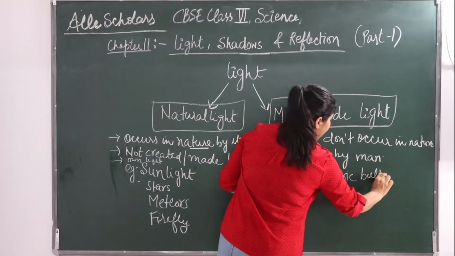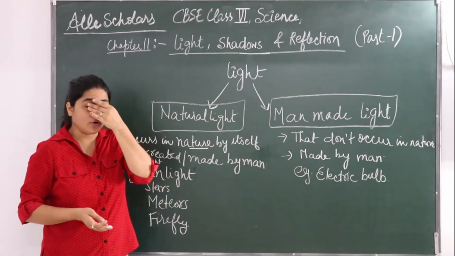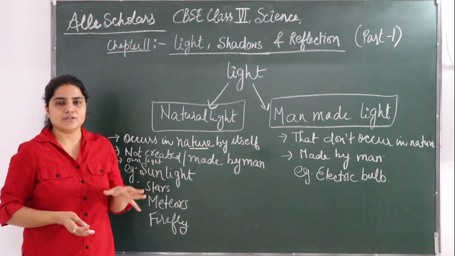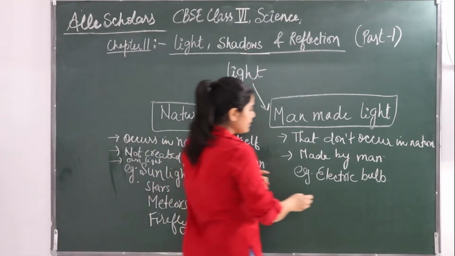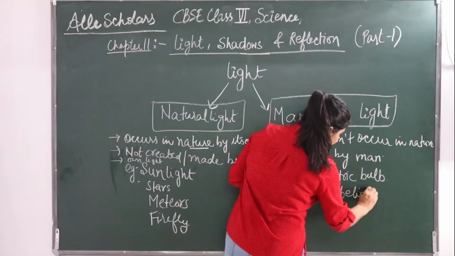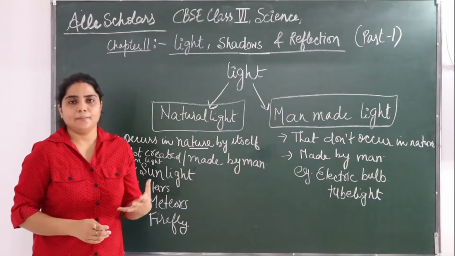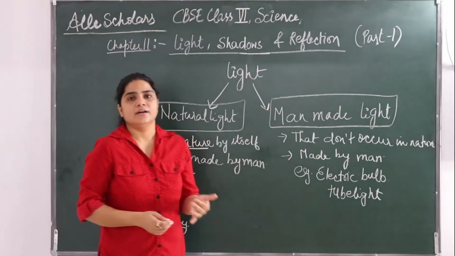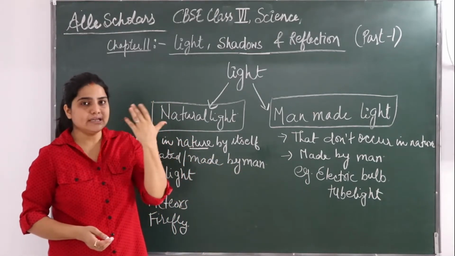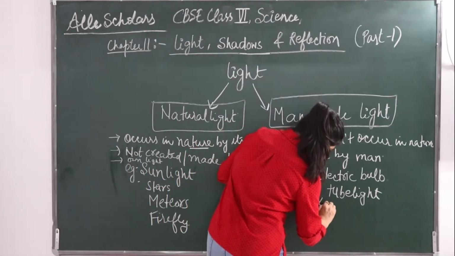or any of the things, any tube lights or all these things that you use at your home to see. Tube light also was invented by a man. There are many kinds of kerosene oil lamps and kerosene oil stoves. All these are also examples of man-made lights.